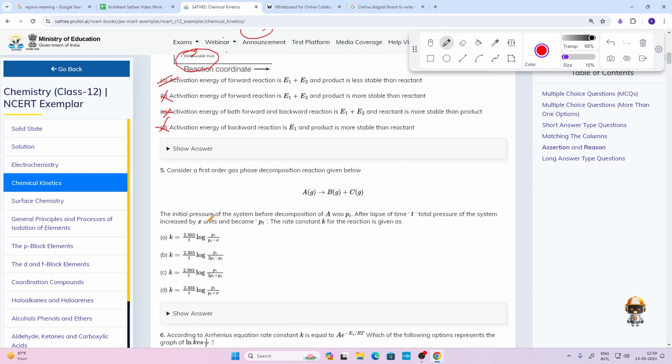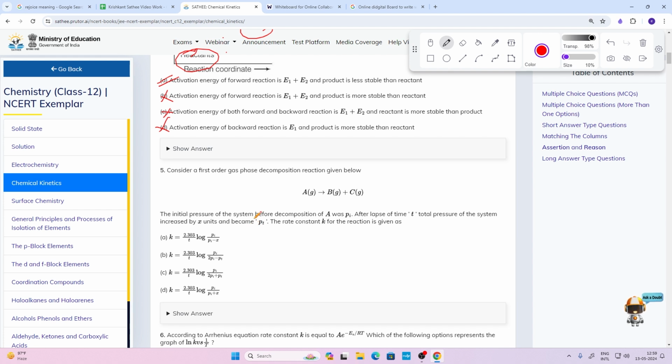Next we have the initial partial pressure of system before decomposition of A was Pi. After lapse of time T, the total pressure of the system increased by X units, right? And become PT.